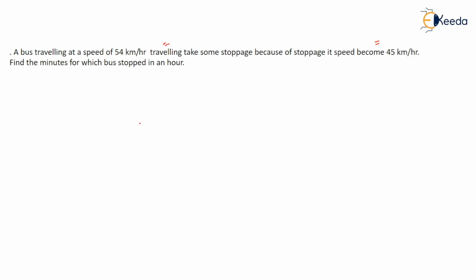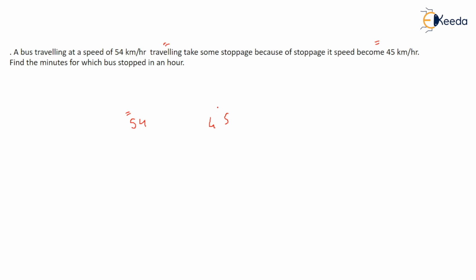So you can do it. 54, right? And the other is 45 km per hour. It means actually the speed must be 54 km per hour, but because of stoppage their average speed is decreased to 45 km per hour.